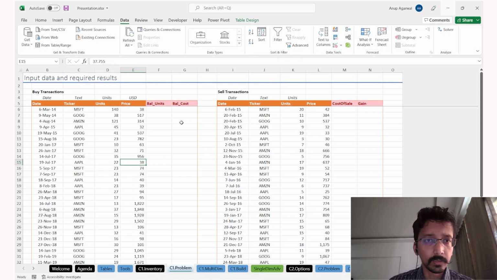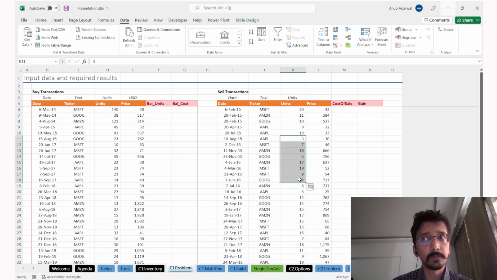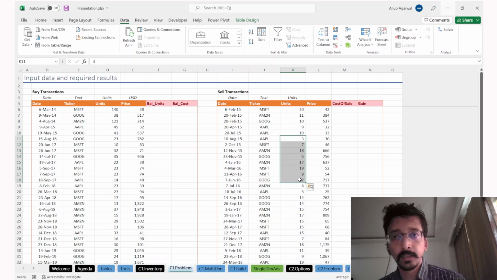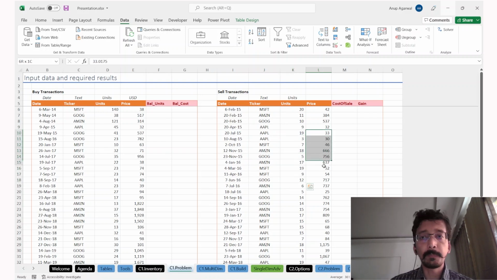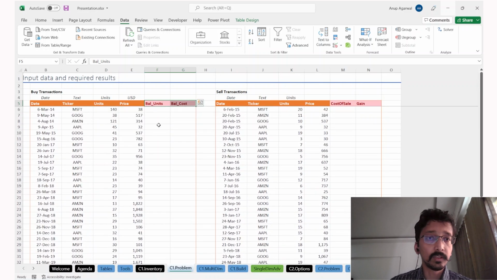All right. Then similarly, these are the sell transactions, different dates, different stocks, the number of shares that you are selling, and then the price at which you sold them. These red columns, so you see the problem is already depicted in tables, but these red columns in the table are the answer that we want.